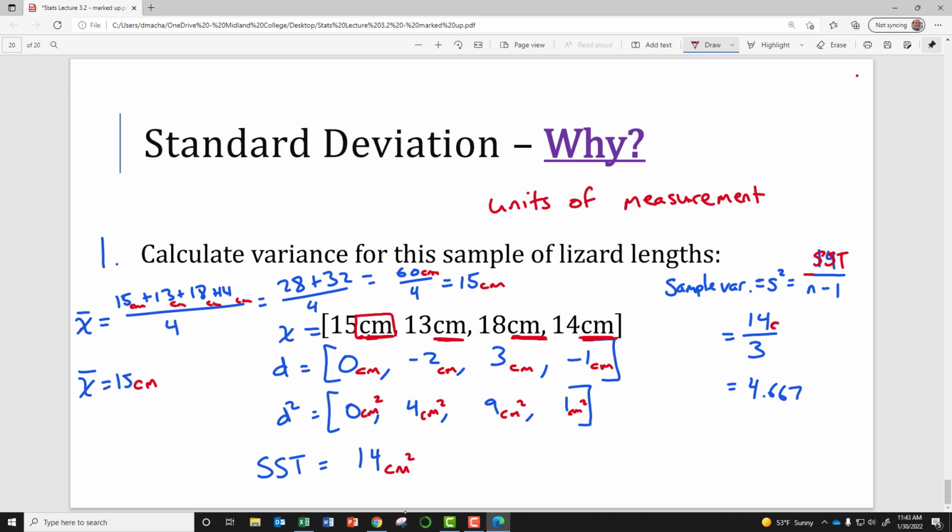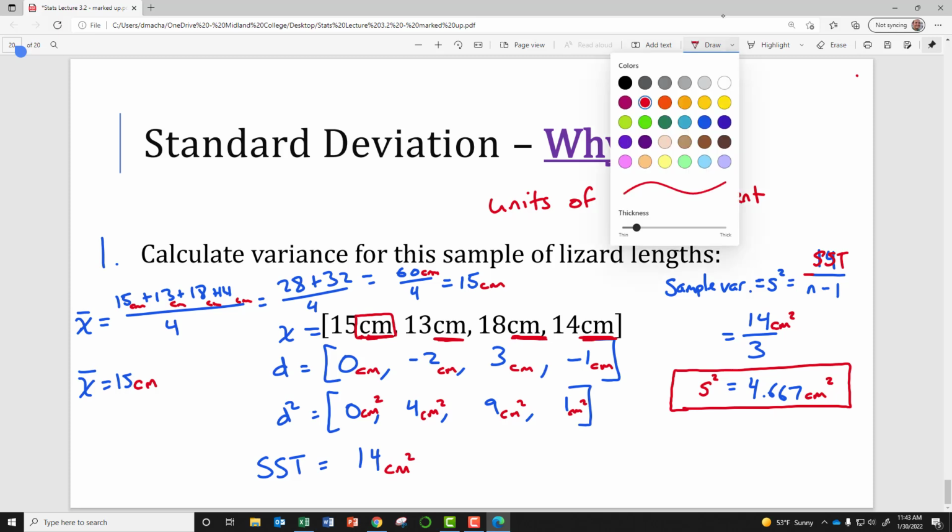And so our 14 as our sum of squared deviations was 14 centimeters squared. And we divide that by 3, which is just 4 measurements minus 1 is 3. Our sample variance is in units of centimeters squared. So we have measurements in centimeters and a sample variance in centimeters squared.